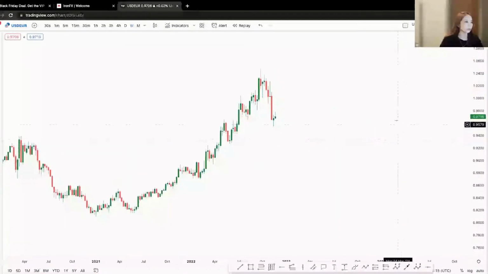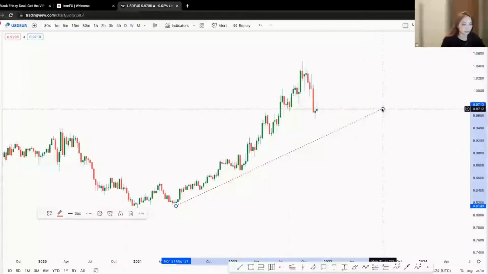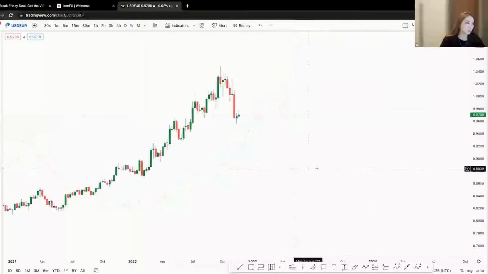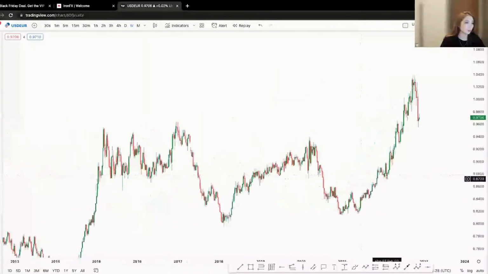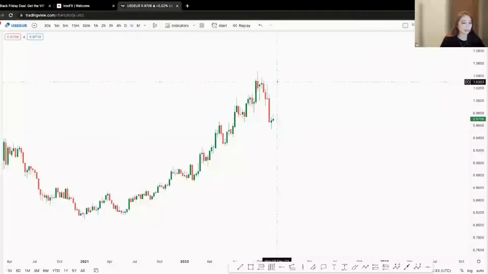On the climb for dollar euro, you can see a very standard upward moving trend. Looking at a weekly chart, upward moving, not much of a key levels except for resistance at 1.0303.